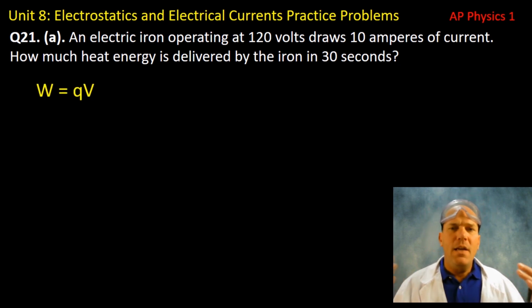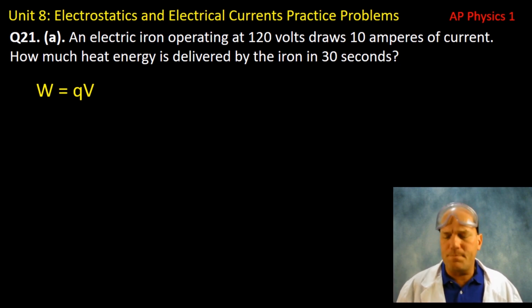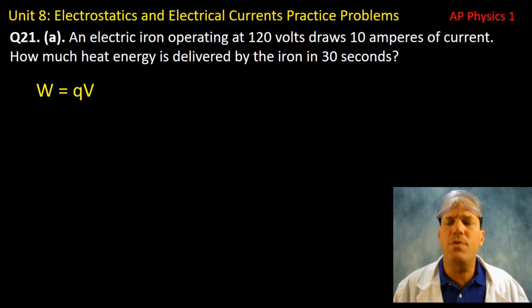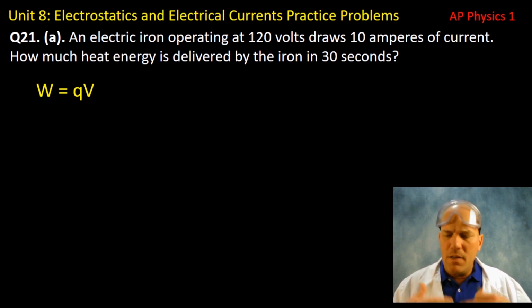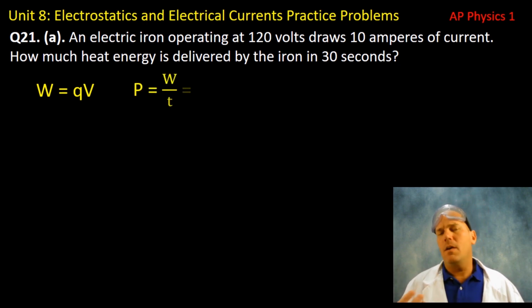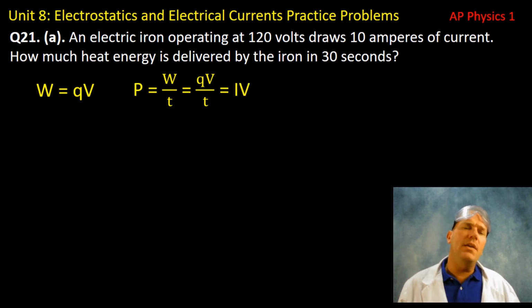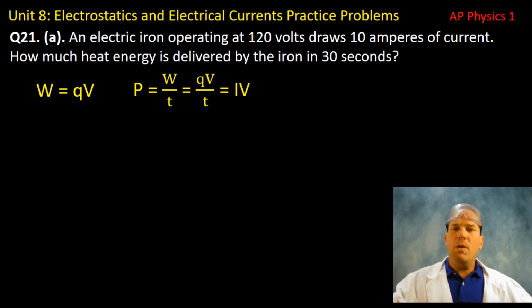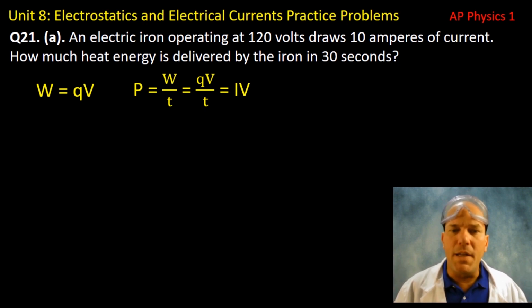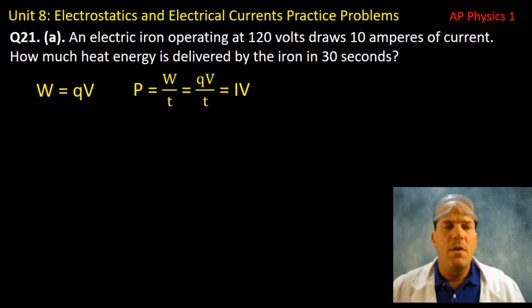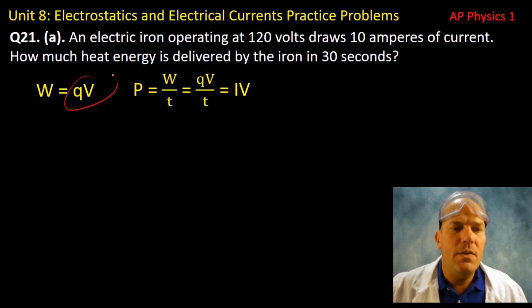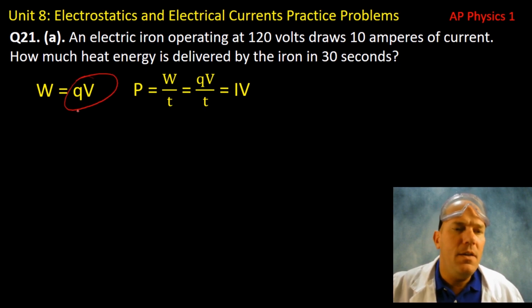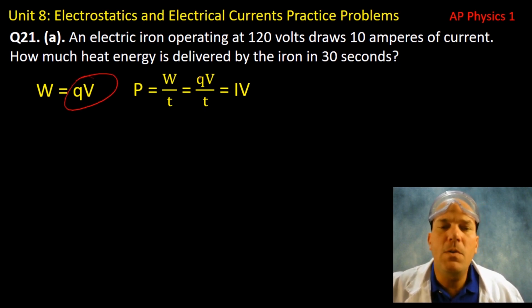Let's look at several of our relationships. Electrical work is equal to charge multiplied by the voltage. All right. Power is the rate at which work is done. So work over time gives us rate. Well, work is Q multiplied by V, or charge multiplied by voltage.